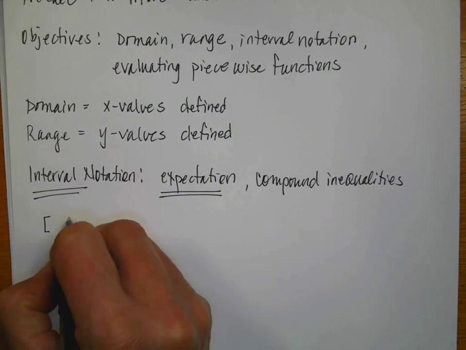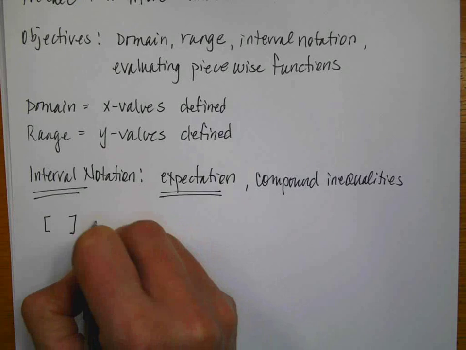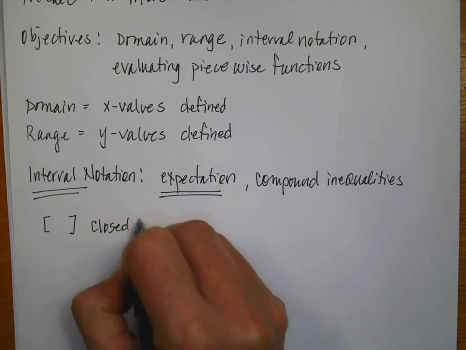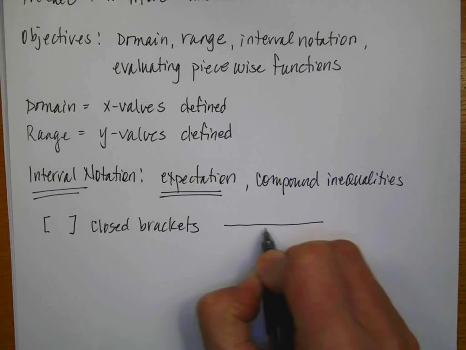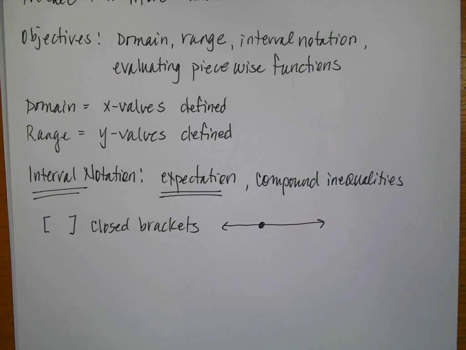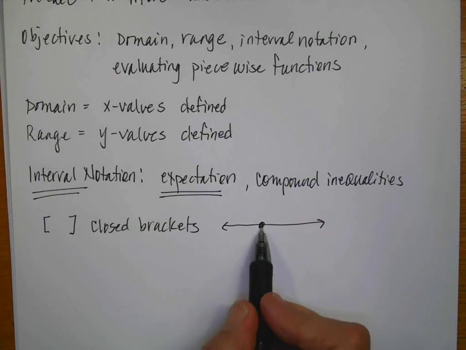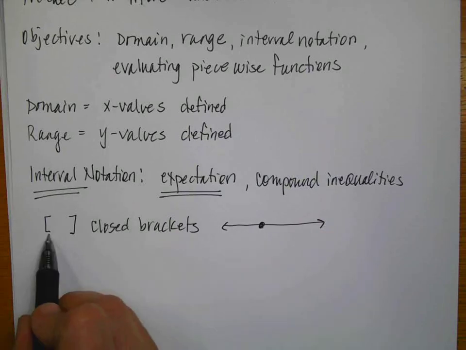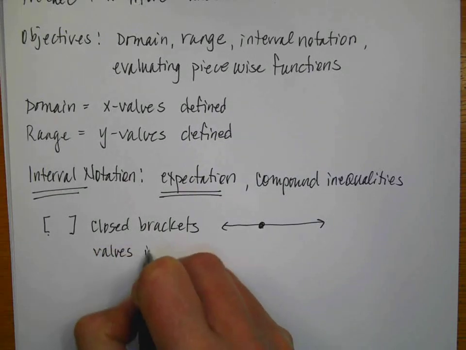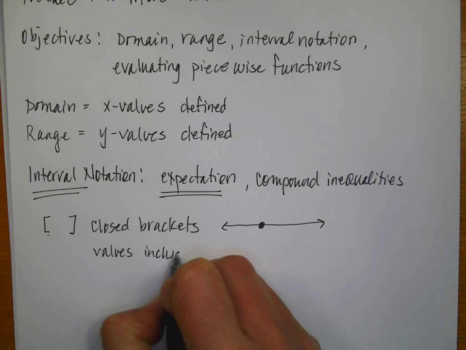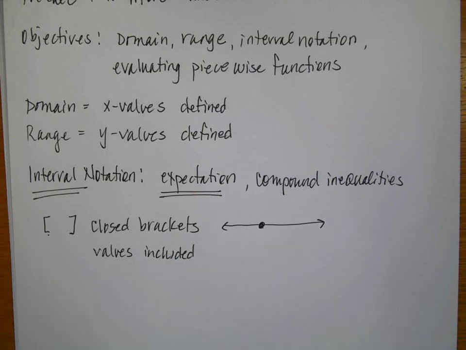So remember that square brackets are called closed brackets, and that would be as if I had a number line and I had a closed circle, and that would mean that this value is included. Closed brackets mean that values are included, and by values I specifically mean the end point.